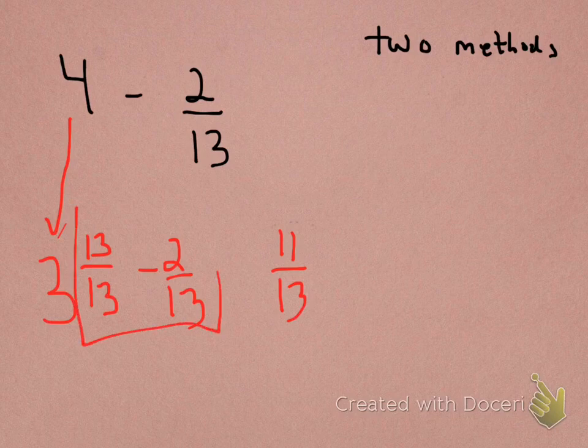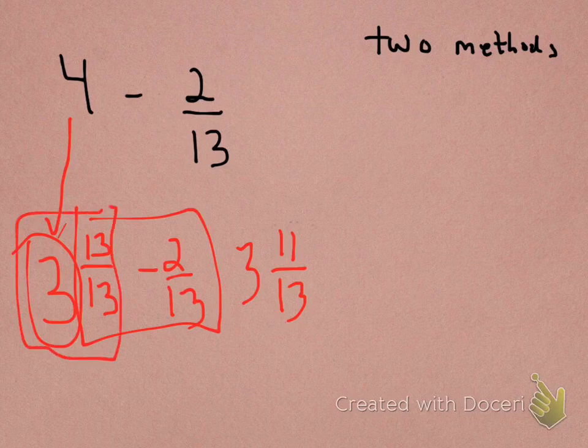So really I'm just subtracting fraction minus fraction, and we still have 3 as our whole number because we have to rewrite that. So we're left with 3 and 11 thirteenths, which is the same thing we got through the other method. This is a bit of a shortcut, but it's a little bit of a mental leap in thinking how to rewrite 4 to make it happen as a shortcut. Okay, so use whichever method is best for you.